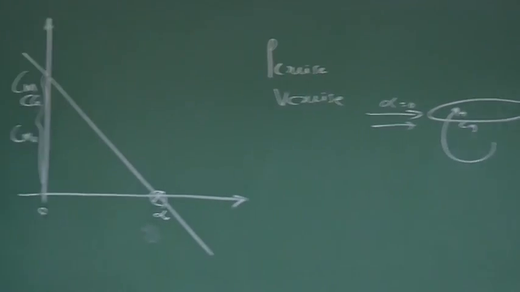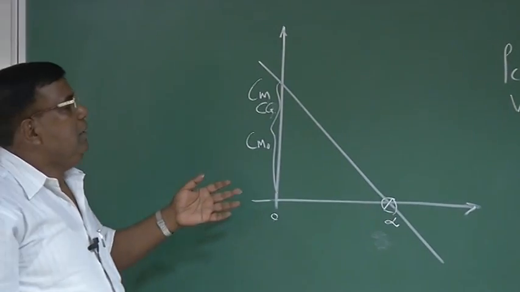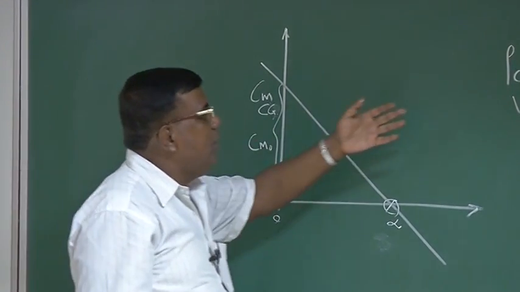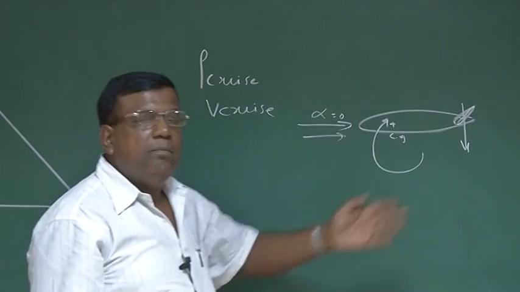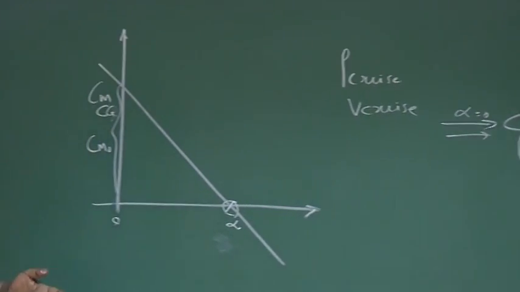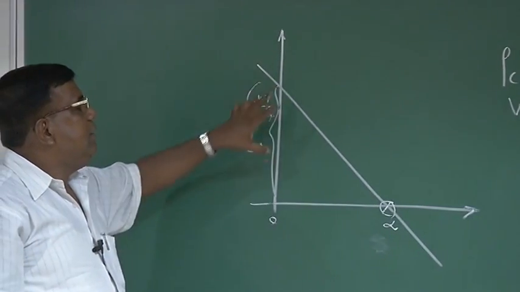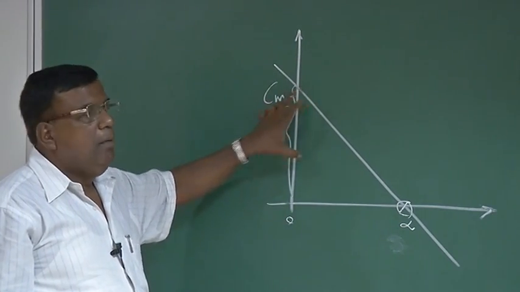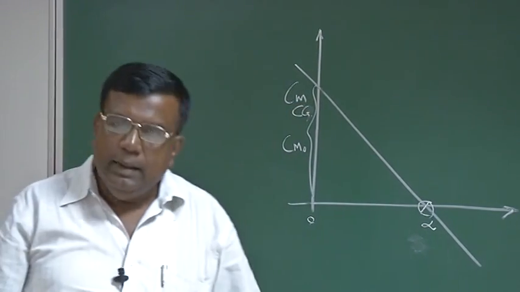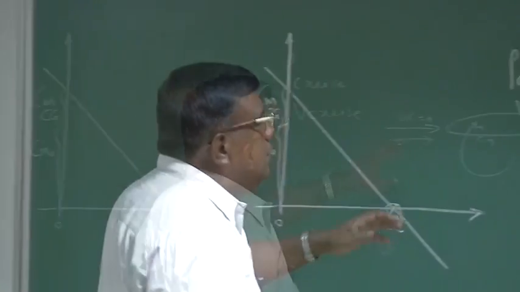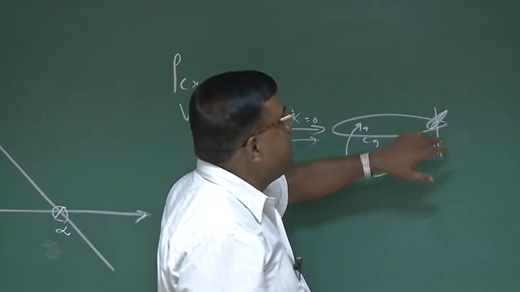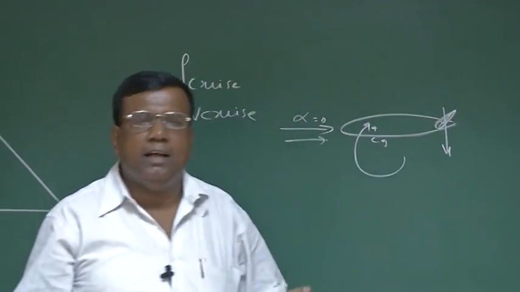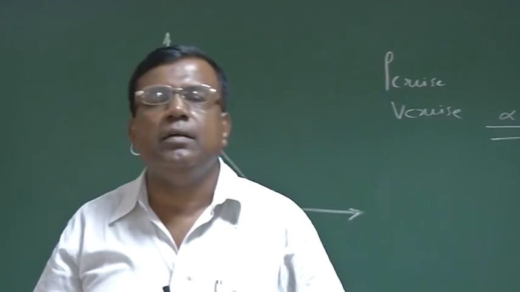So if your design is inferior, then we have one option. At that altitude, you deflect the elevator by a requisite amount so that it generates this much of Cm0. But do you think that's a good design? Definitely not. Because most of the time you will be flying like this, and because of this deflection there will be drag. And unnecessarily you are giving penalty.